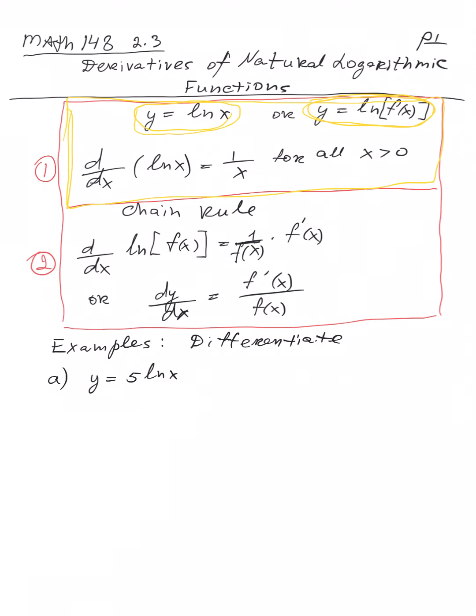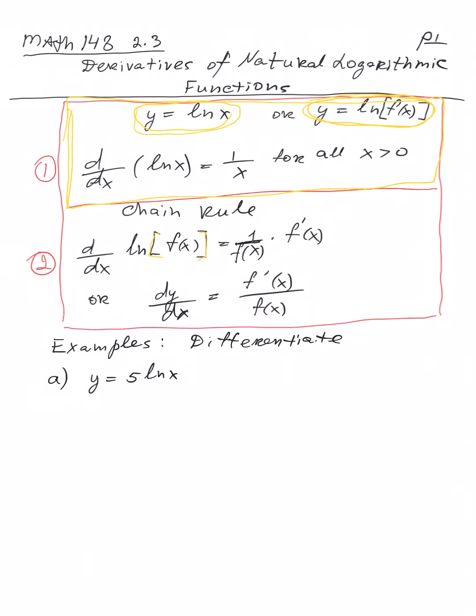Now the second one is when we have something more complicated inside ln. In other words, there's a function embedded inside ln. So then we apply the chain rule. The chain rule tells you that the derivative of ln of a function of x will be 1 over the function of x times the derivative of the function of x.